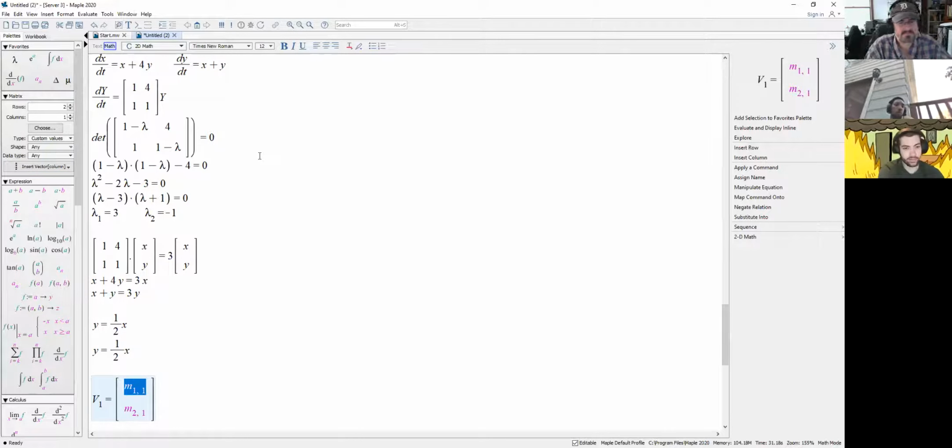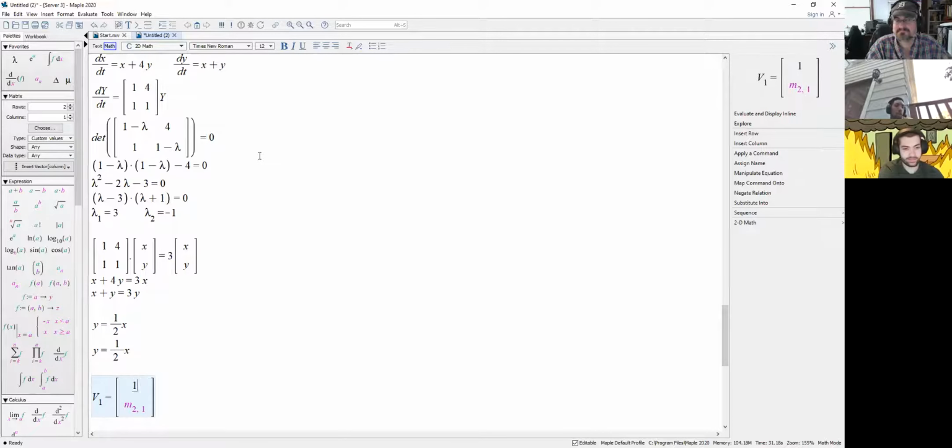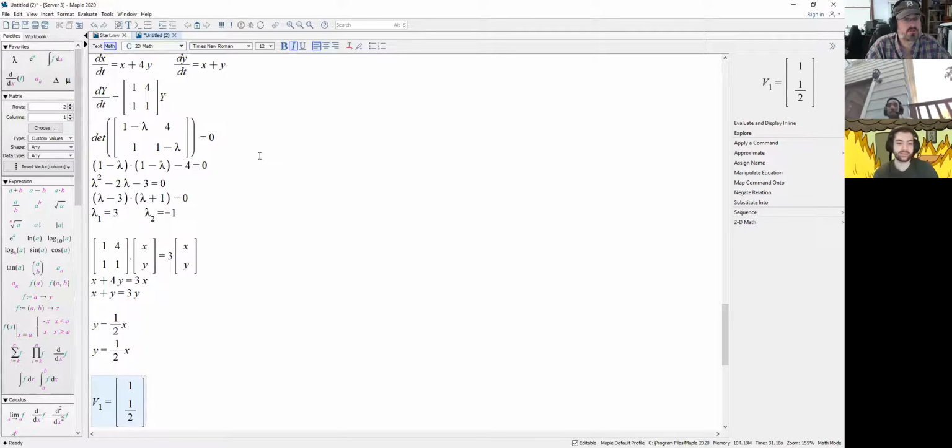Or no, 1 and 1/2. Or if you prefer, you could do 1/2 and 1. 2 for X and 1 for Y. Does that make sense? If you were really averse to using fractions, you'd say, well, if X is 2, then Y is 1. And that would be just as easy.